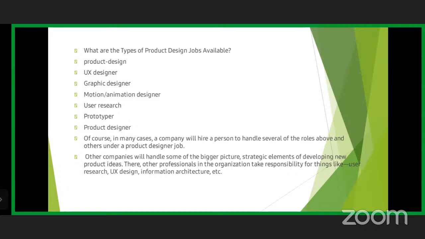A product designer can design, let's say, a television. Remember that a television has an interface. So a product designer can actually design a television interface. So it's not just limited to digital products. It also goes far and wide to physical products, actually.